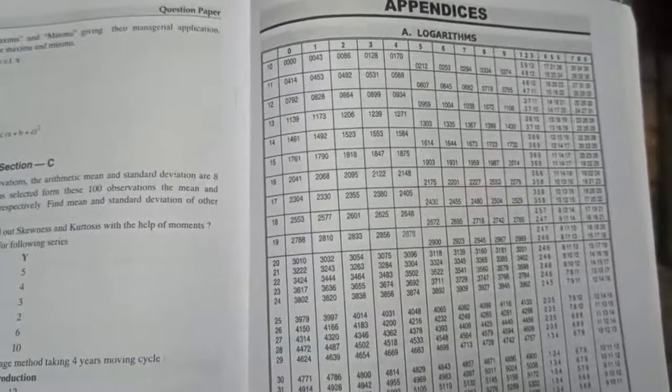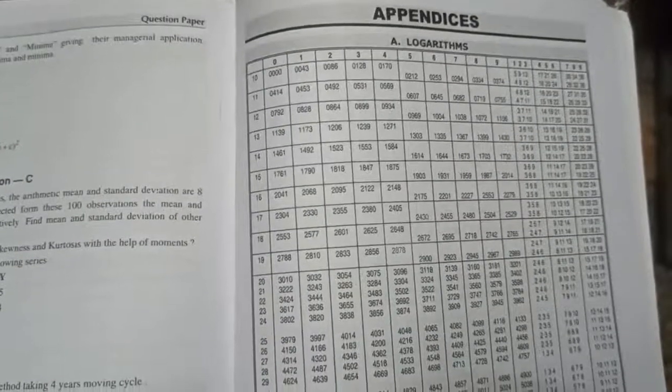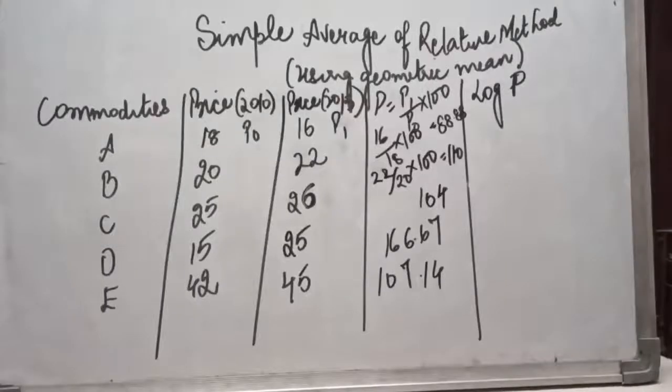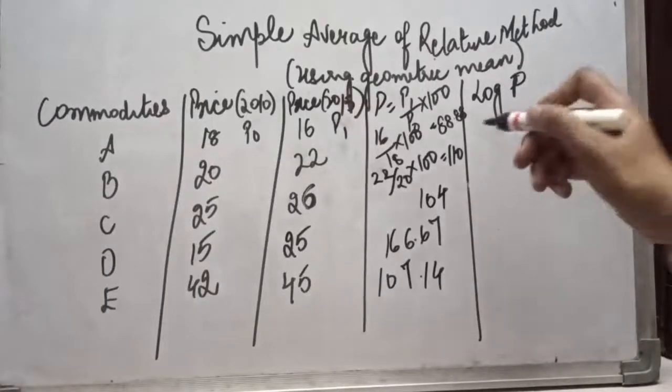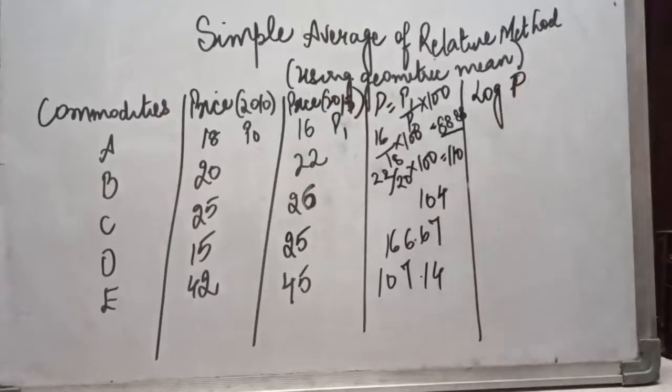So let us see according to our question how we will be seeing the logarithms. In this question, the first value we have to see is 88.88. As I have shown you, the log table shows values of 2 digits, so I will be selecting 2 digits to see the value. But before that, I will have to write down some numbers.